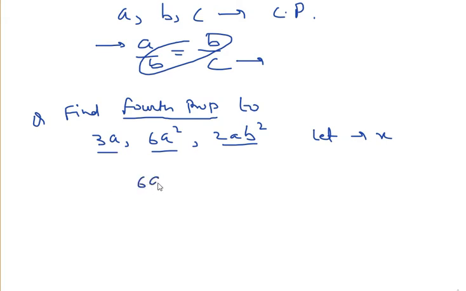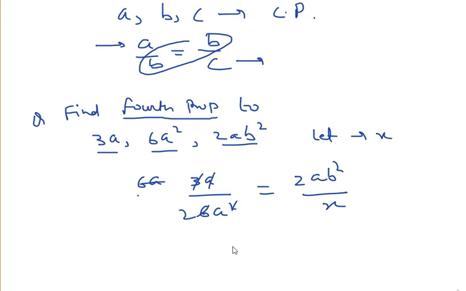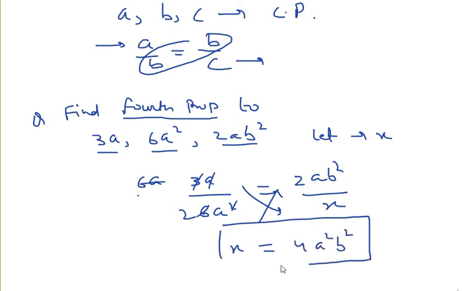So 3a upon 6a square is equal to twice ab square upon x. So if we simplify, 3 to the 6, and it will go there, we do cross multiply, x is equal to 4a square b square, which will be the fourth proportional to 3a, 6a square and twice ab square.